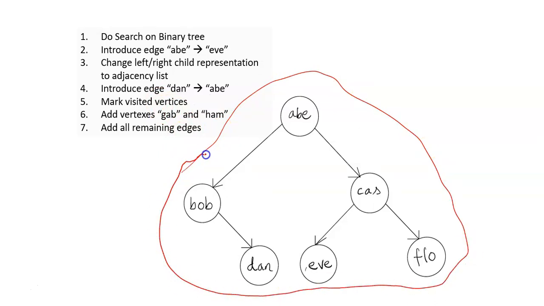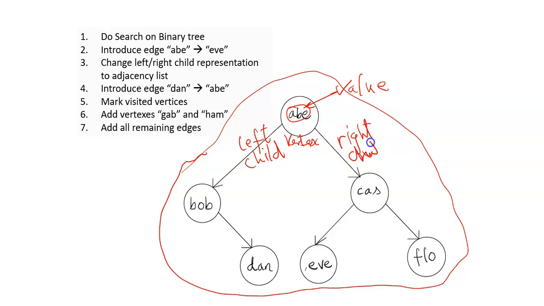And we're going to implement this structure in Python so that as we're developing our code, we will get to test our code as well. Now, as a binary tree, we will represent each vertex with a value and a left child as well as a right child.